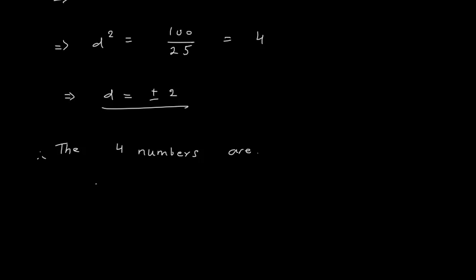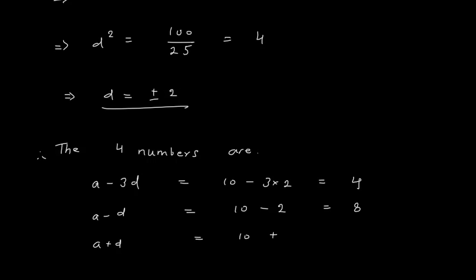So the four numbers are: the first number is a minus 3d, which is equal to 10 minus 3 into 2, that is 6. 10 minus 6 is 4. Then we have a minus d, that is 10 minus 2, which is 8. Then we have a plus d, that is 10 plus 2, which is 12.